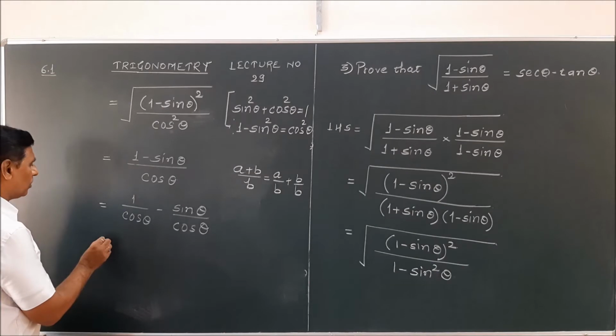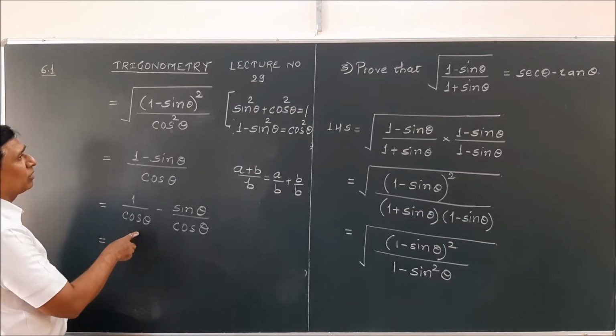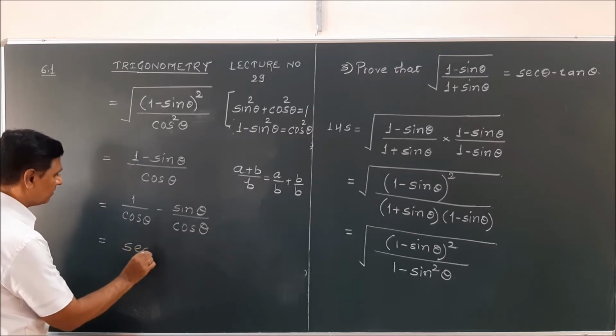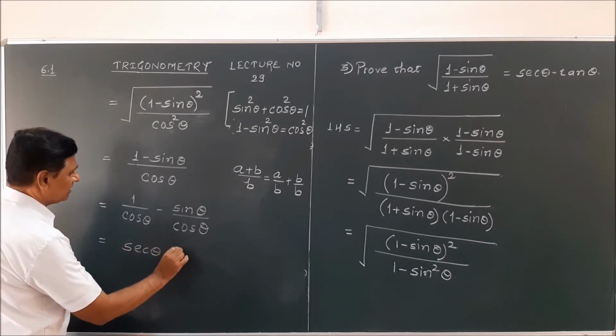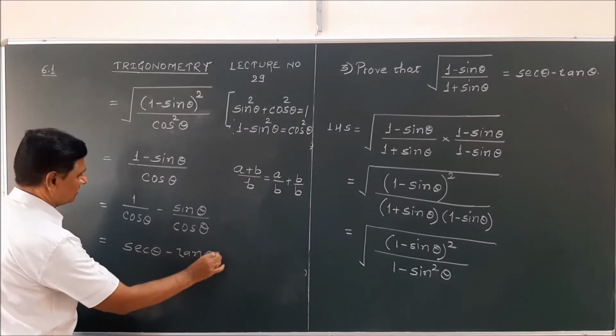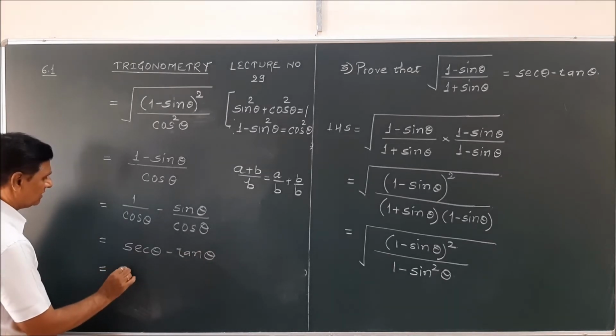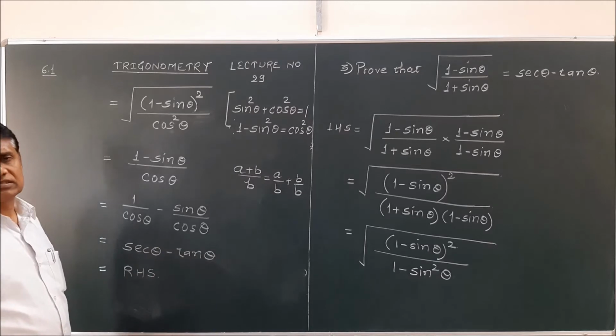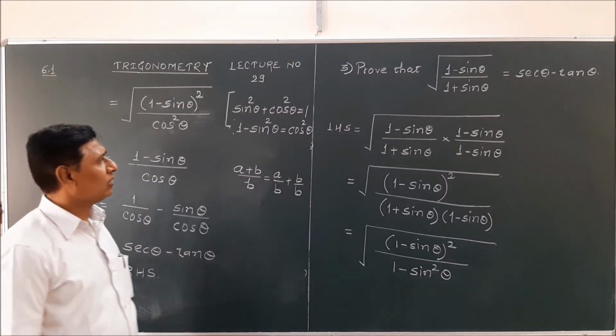Then we will get 1 upon cos theta. Since you all know 1 upon cos theta is nothing but sec theta, and sin theta upon cos theta is tan theta, that is equal to RHS. So this is how you will get here.